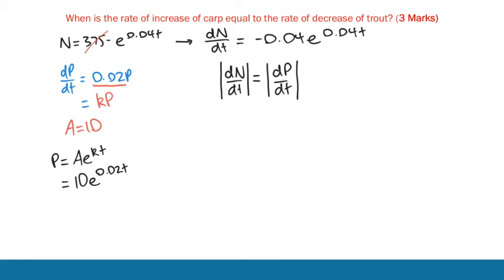All it does is take the negative off of our dn/dt, so it's just 0.04e^(0.04t) without the negative. And as for the right-hand side, we know that the derivative of p with respect to t is 0.02 lots of p, which we now have an expression for.